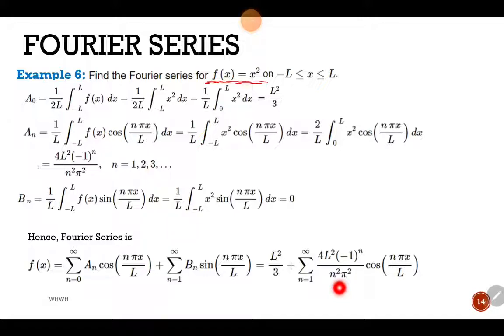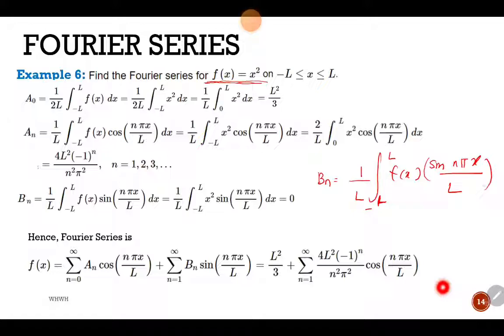So today kita akan cari macam mana nak dapatkan BN. So BN is 1 over L, integral from negative L to L, fx sama dengan x kuasa 2 kan, sin n pi x over L dx.